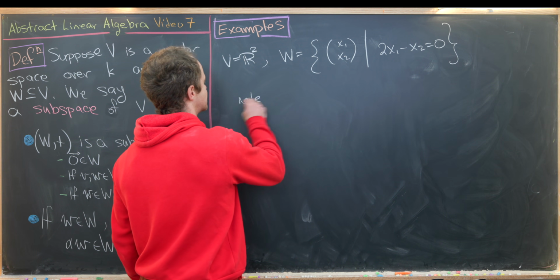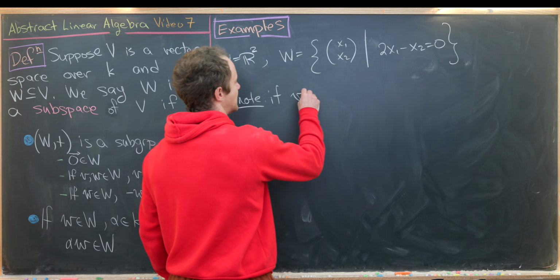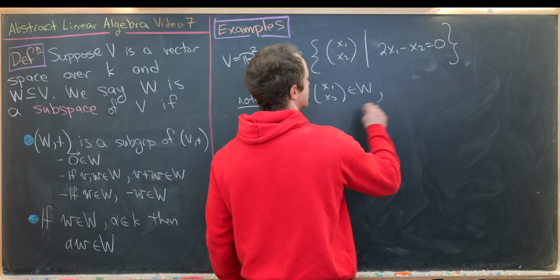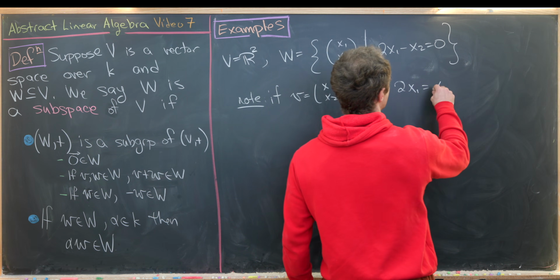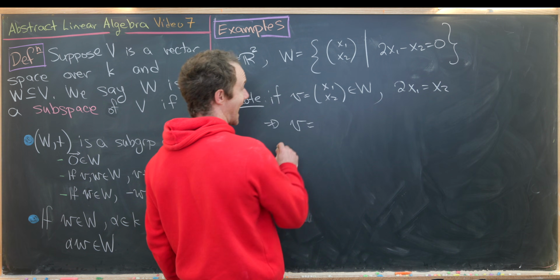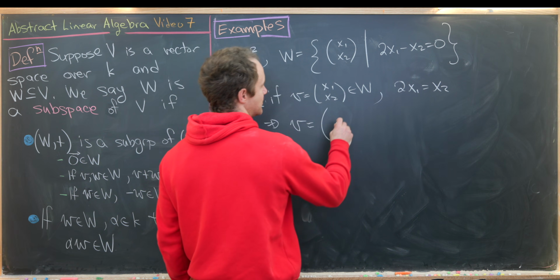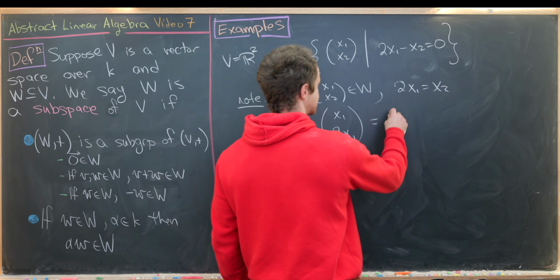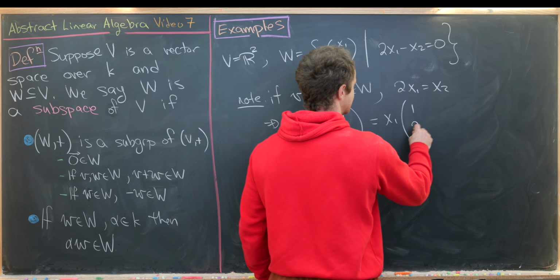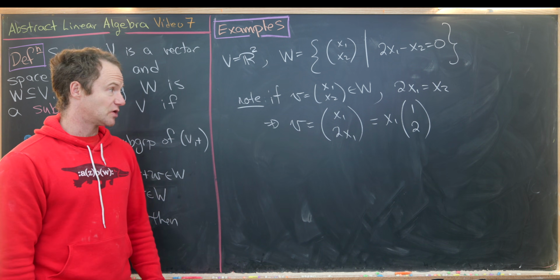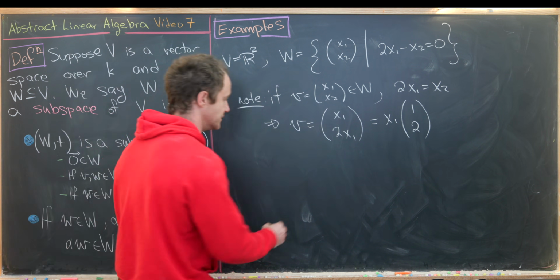So let's note if v, which is x1, x2, is in W, then 2x1 equals x2, which means we could really write v as x1, 2x1. In other words, x1 times 1, 2. So in other words, v is a scalar multiple of the vector 1, 2.